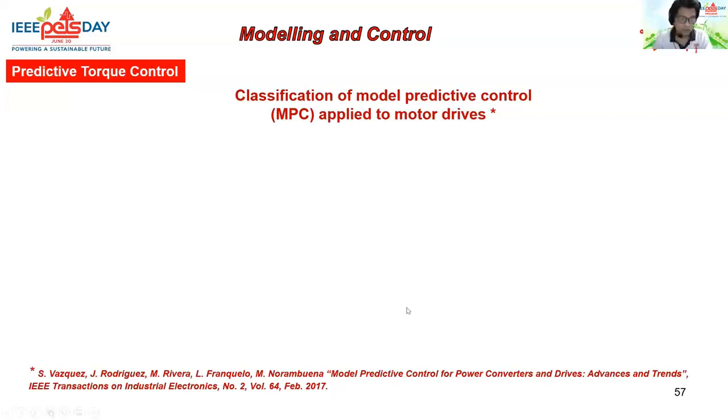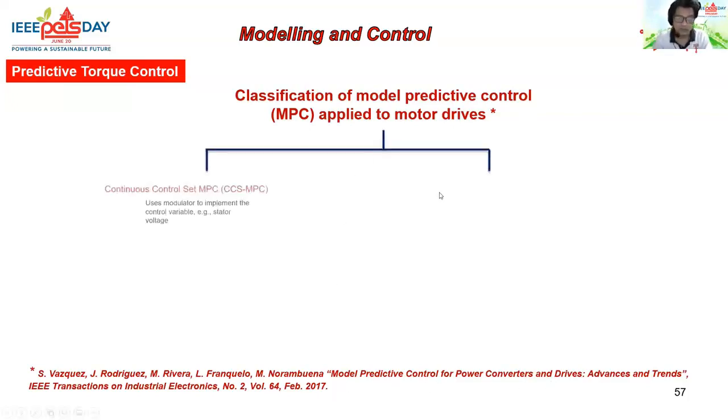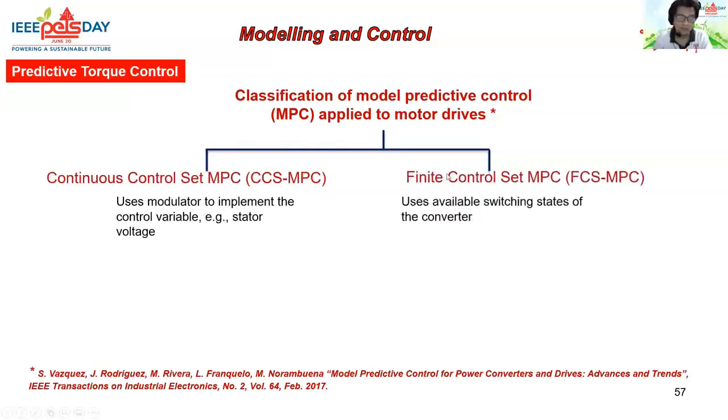According to the paper shown here, MPC can be classified into two types. The first is the continuous control set, where the actuating signal, which can be a voltage reference, for example, is a continuous signal, which means that in order to implement CCS MPC, we have to have a modulator.